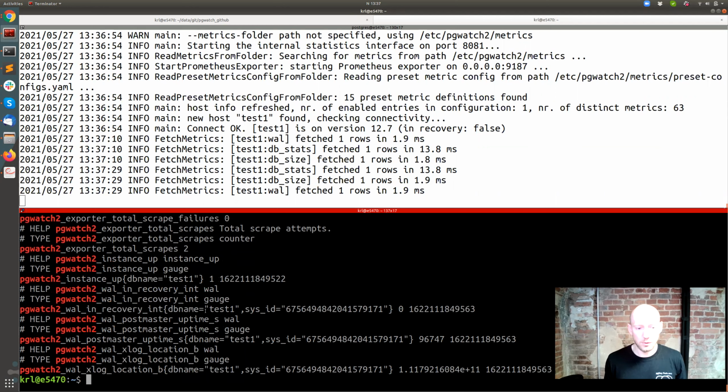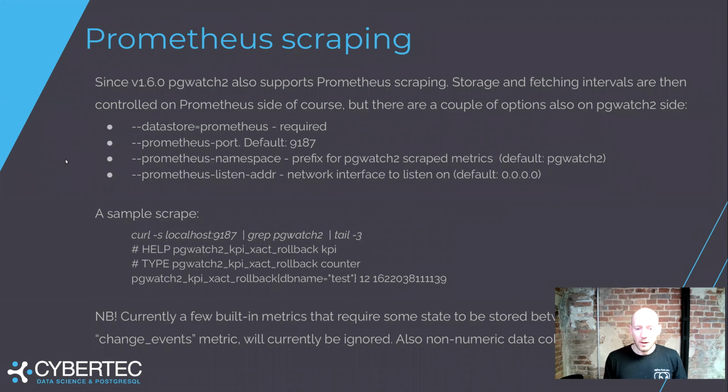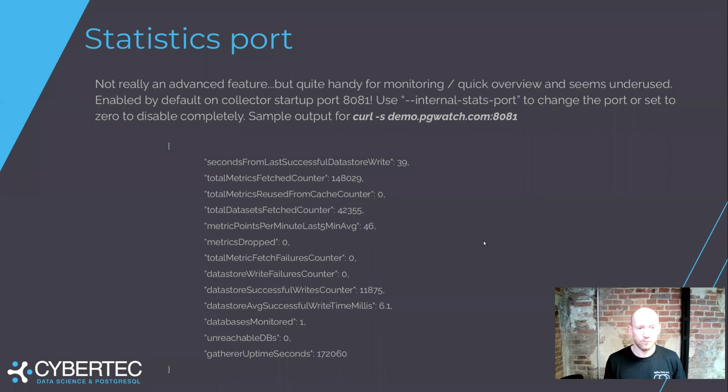It's not overly popular, I guess, with PGWatch2, but it can be handy in cloud environments, of course. Also note that PGWatch2 can throw away some columns, as Prometheus can only store numeric values. Okay, that should be an easy thing to set up.